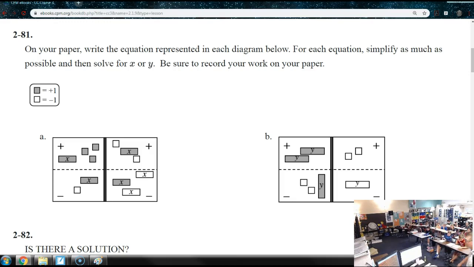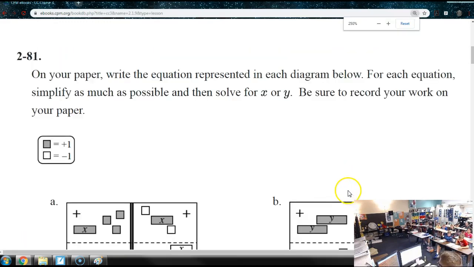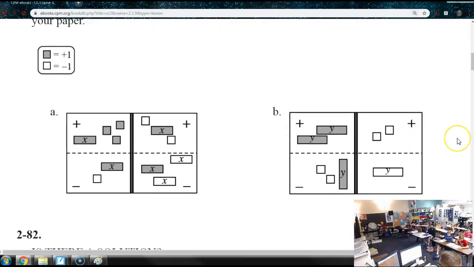Okay? But for A, the x's on the left side, they have to be the same amount as the x's on the right side? Not necessarily. Not necessarily the same number. You can start with a different quantity of x's on your left side compared to your right side and still be perfectly fine.